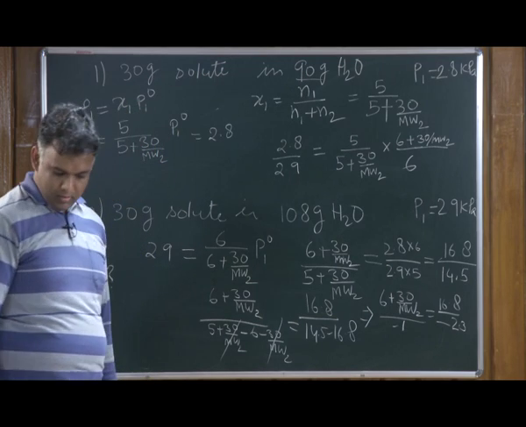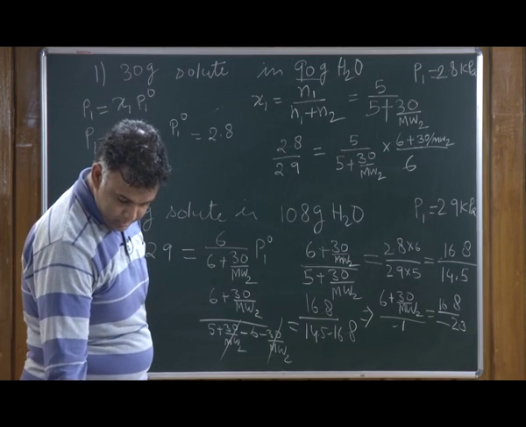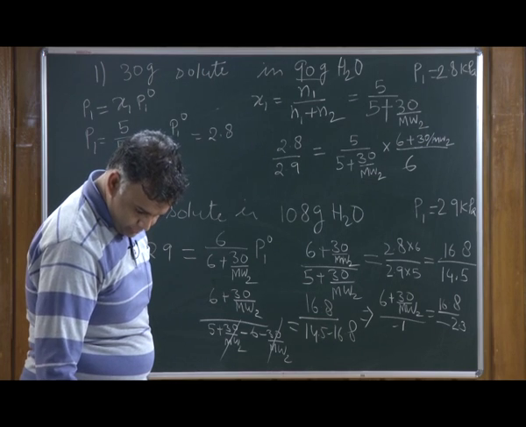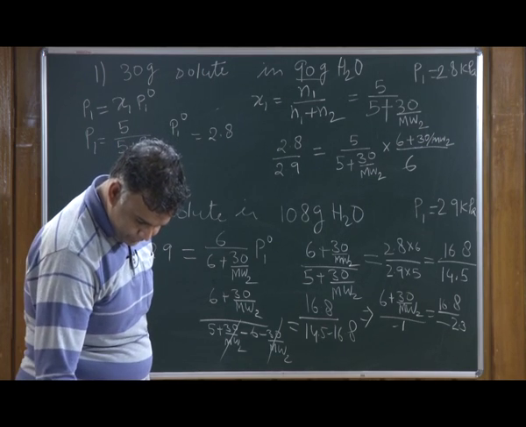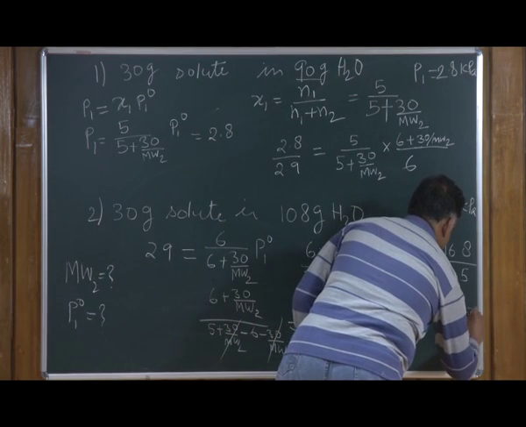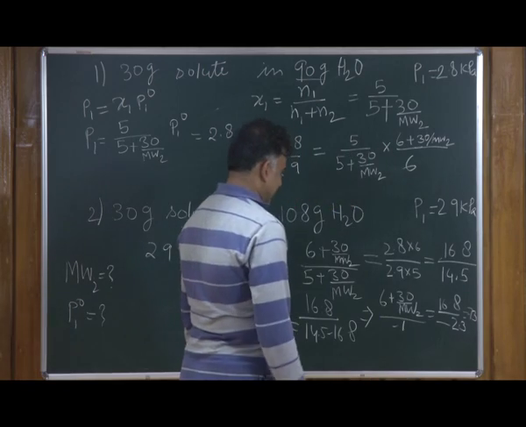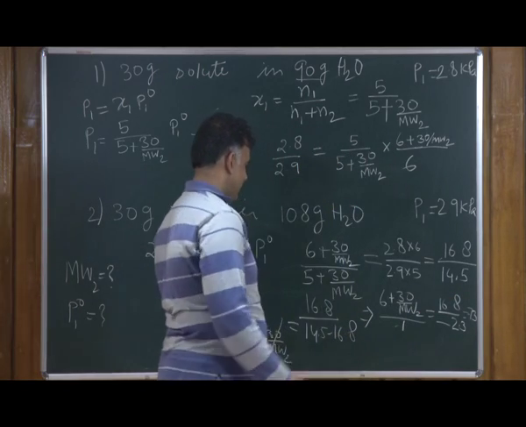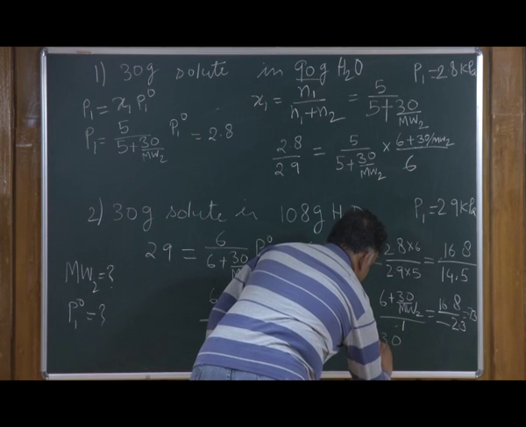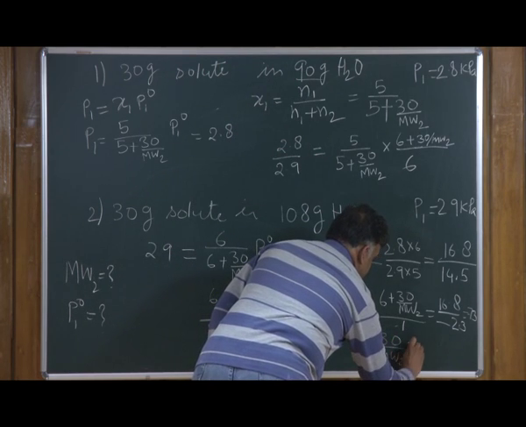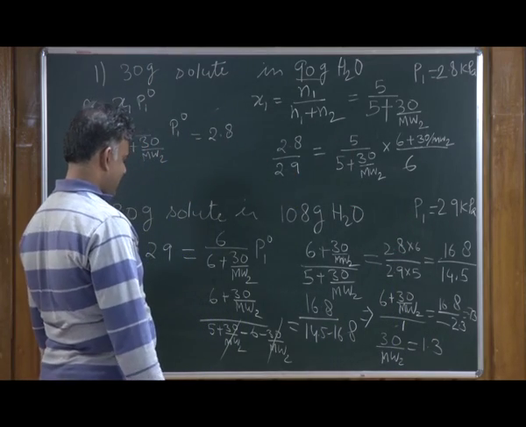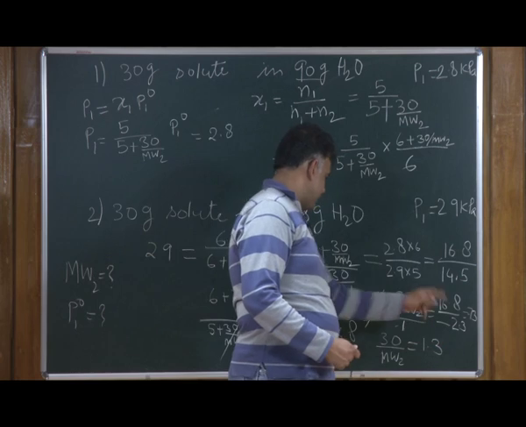Now, this can be solved. 16.8 divided by 2.3 is equal to 7.3, minus 7.3. Minus goes to the other side and becomes plus, 6 goes to the other side and becomes 1.3, and I get 30 divided by molecular weight is equal to 1.3. So, molecular weight becomes simply 30 divided by 1.3.